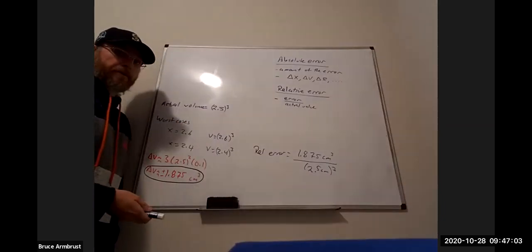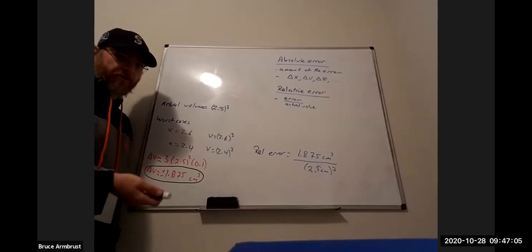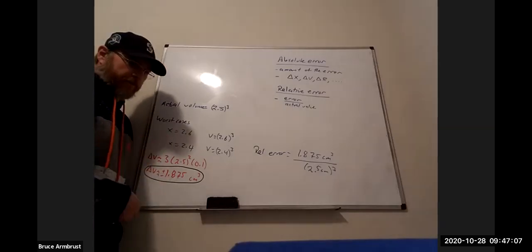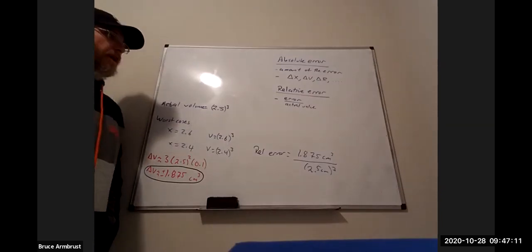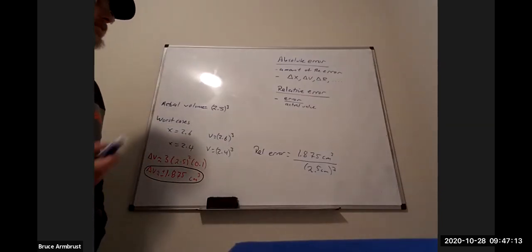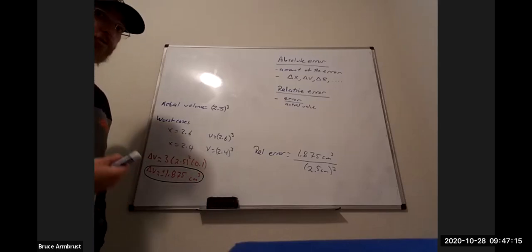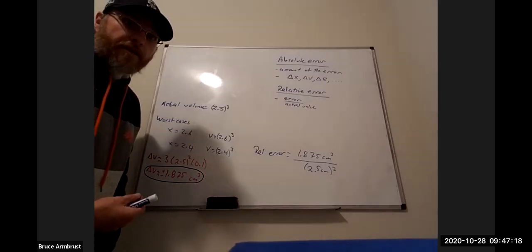So take your calculator, 2.5 times 2.5 times 2.5, and divide that into the 1.875.